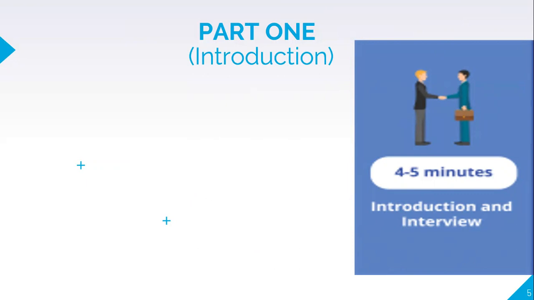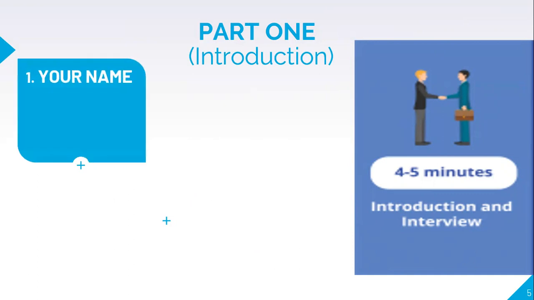So what goes on in the introduction? In the introduction, you give the examiner basic information about you. And these pieces of basic information include your name, number one. The examiner is going to ask for your name, and he can say something like, what's your name? And you have to answer.